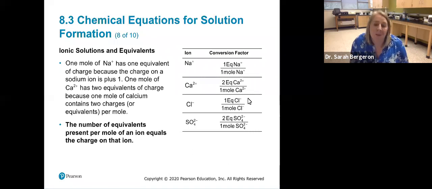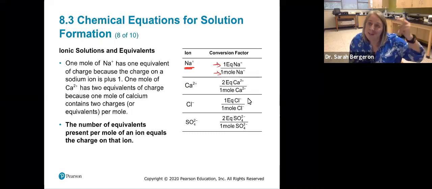So let's look, for example, at sodium. Sodium carries a charge of +1, because we know it's in column 1. For every 1 mole of sodium ion, we have 1 mole of positive charge. And we call that 1 equivalent of sodium ion. Now, calcium, on the other hand, is carrying a 2+ charge. It's in column 2.